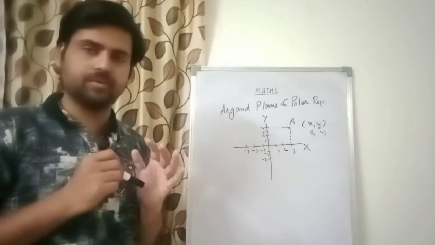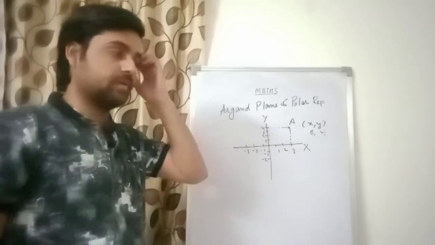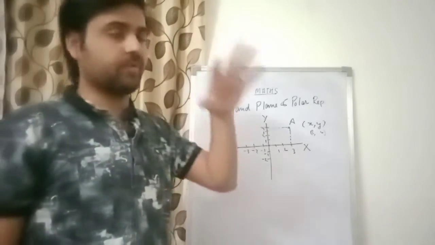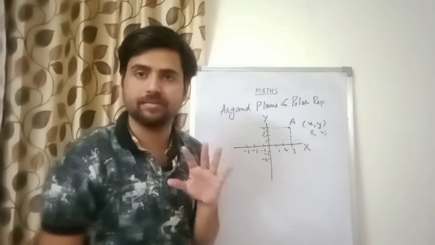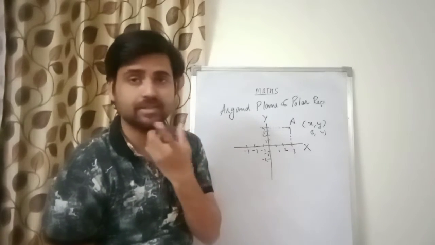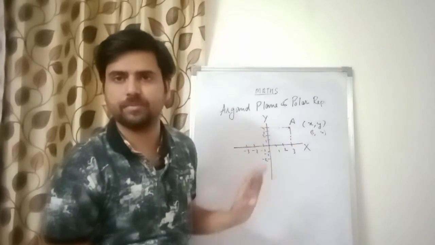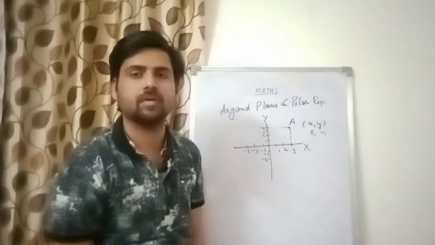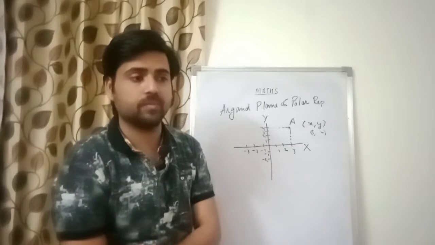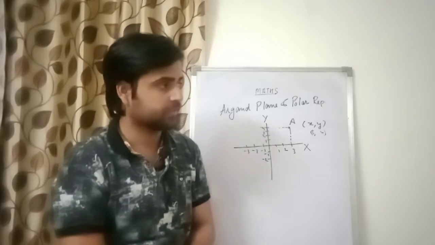So similarly, we are going to represent, see, a complex number is also a point, and we will represent that point on a plane. That plane will be called the Argand plane, or you can say complex plane. It is a simple plane which is representing a simple number, a real number. But a complex number we are going to represent with the help of a plane which is known as the Argand plane.